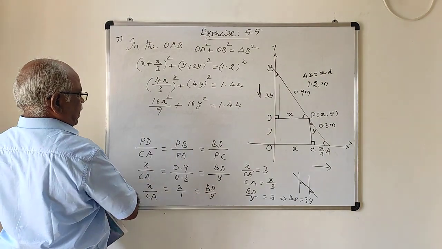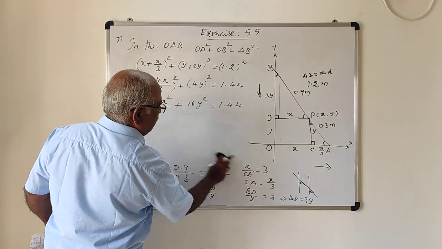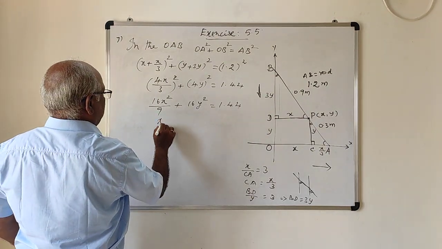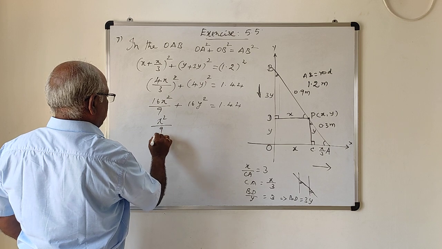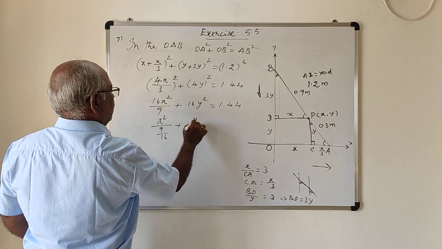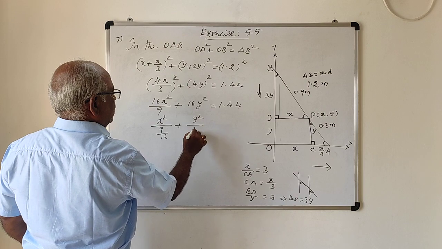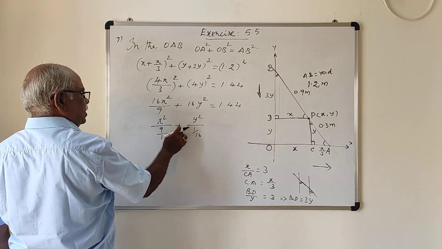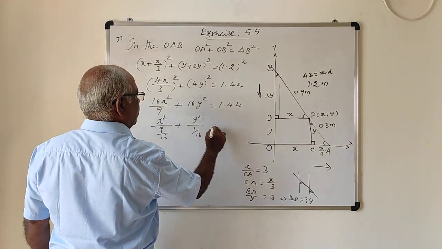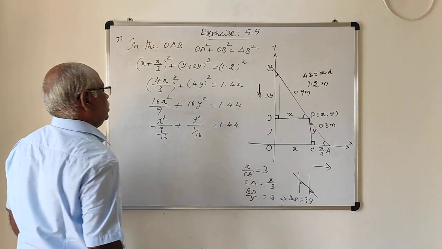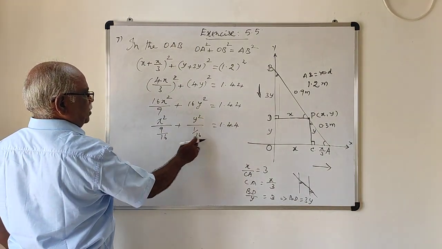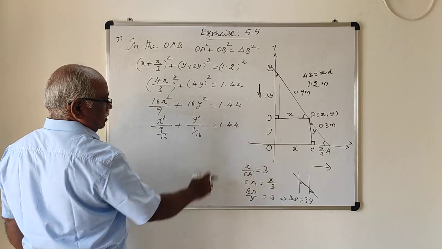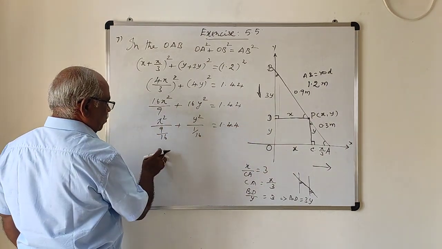On rewriting this, you get the standard form of the ellipse, x square by a square plus y square by b square equals 1. We have 1 here, but we have 1.44 on the right hand side. So you divide by 1.44.